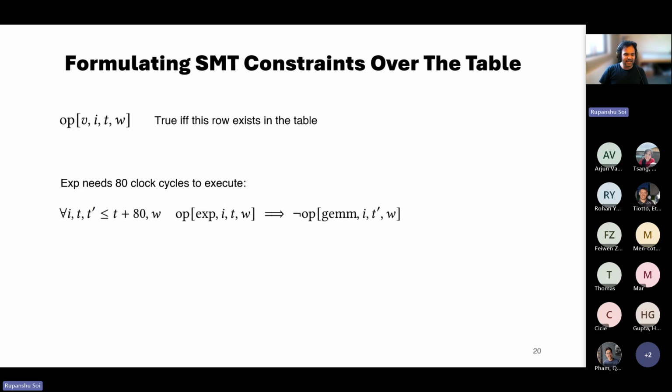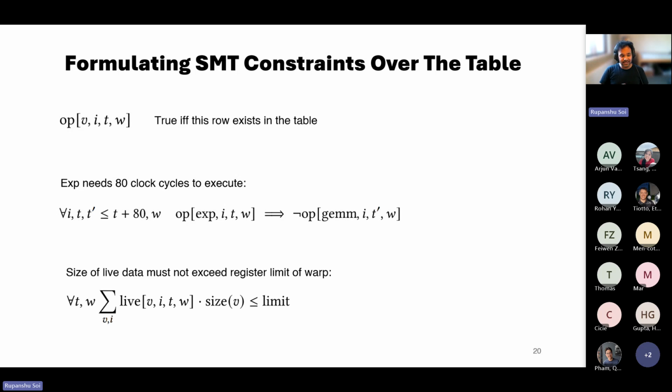So how you read this constraint is, on the left-hand side, it says, if you issue the exp at time t on some warp, then gem, which is the consumer of the exp, cannot be issued until time t prime, where t prime is greater than or equal to t plus 80. Right. So if you stare at this for a few seconds, you can convince yourself this is exactly encoding the natural language intuition about it. So this is one constraint that we use.